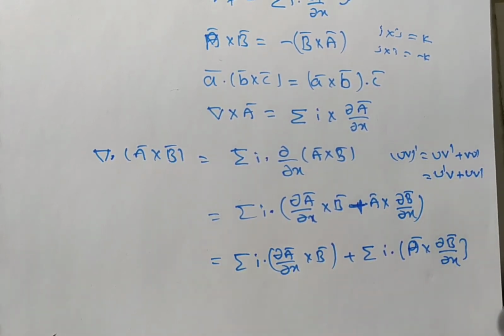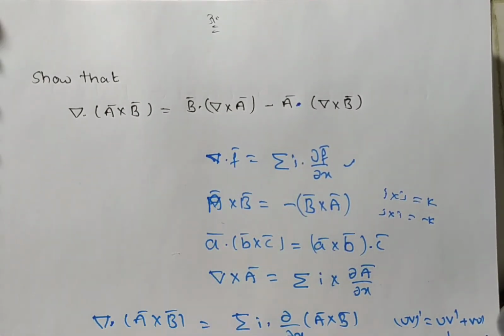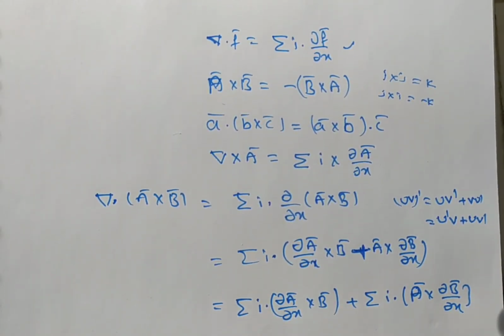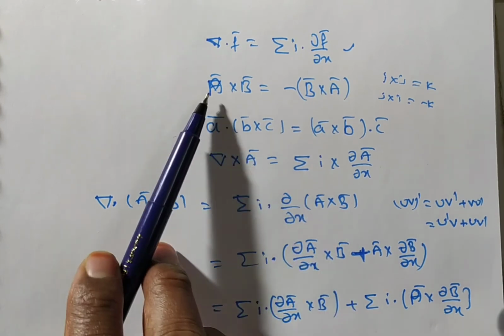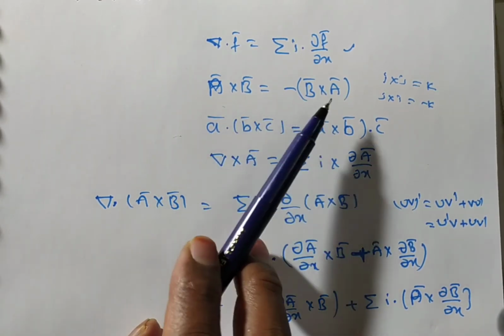Now both are positive, but in the problem we have to prove a negative sign. How will we get the negative sign? Just change the order of the cross product of the vectors. If a bar cross b bar is there, then you can write minus b bar cross a bar.